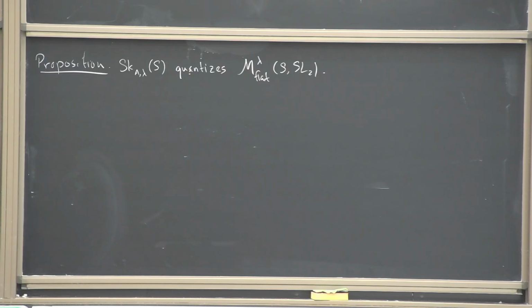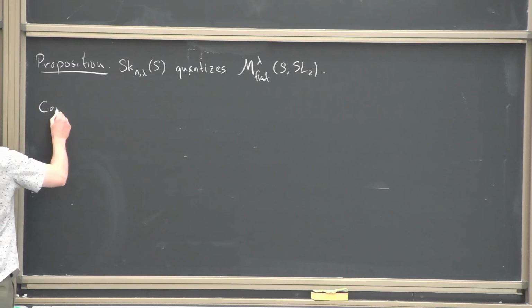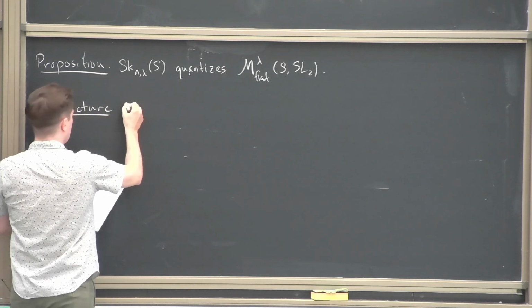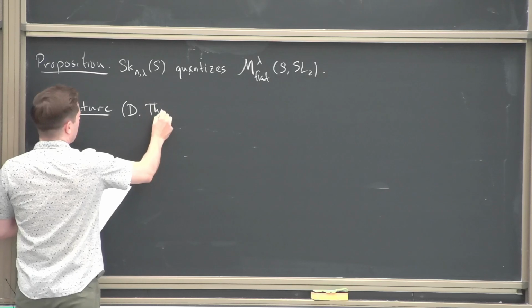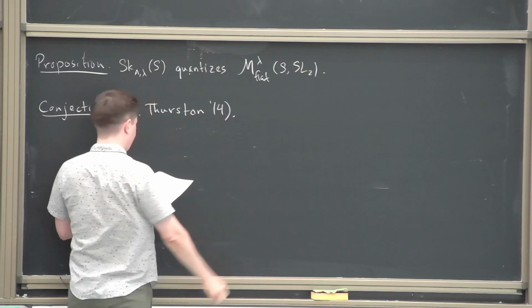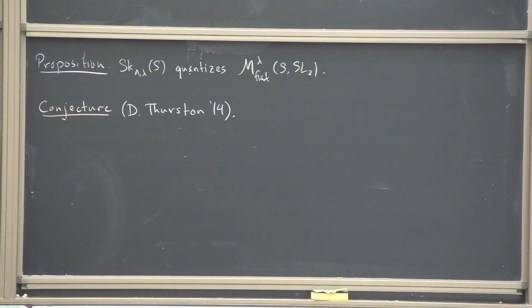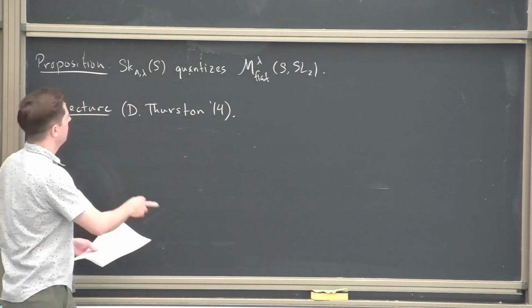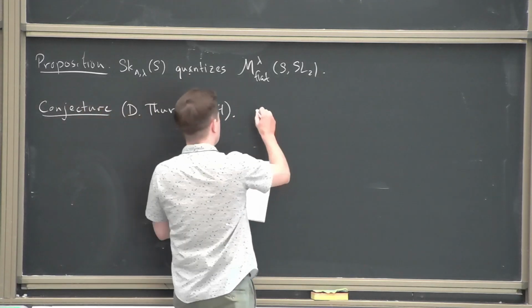So our goal in this work is to address the following conjecture. This is a conjecture of Thurston from 2014. So he had the idea that the skein algebra could have a categorification given by some monoidal category. And to be a little more precise, we can interpret the conjecture as follows.